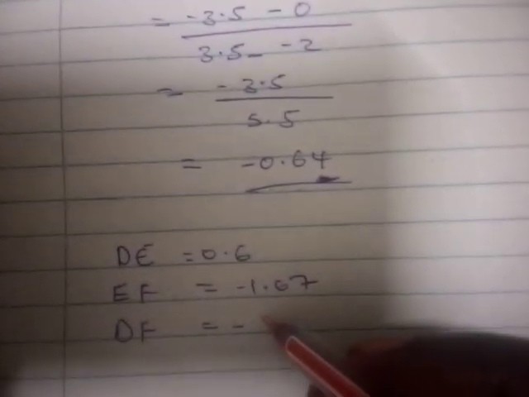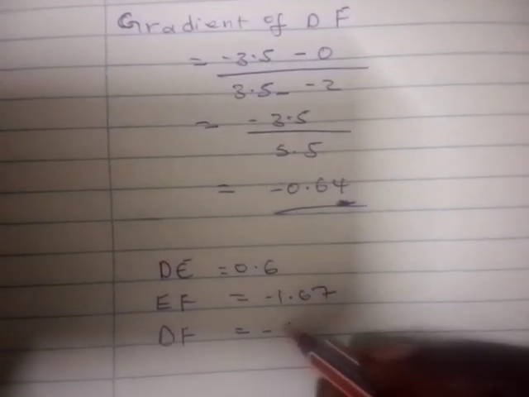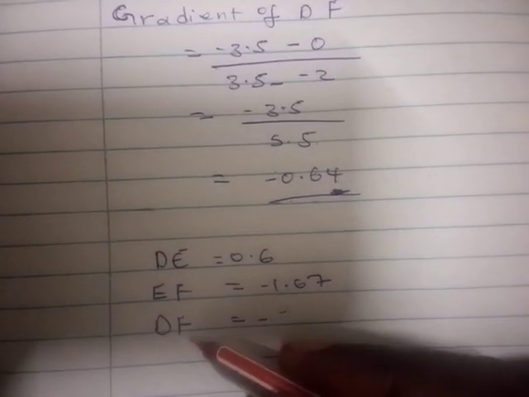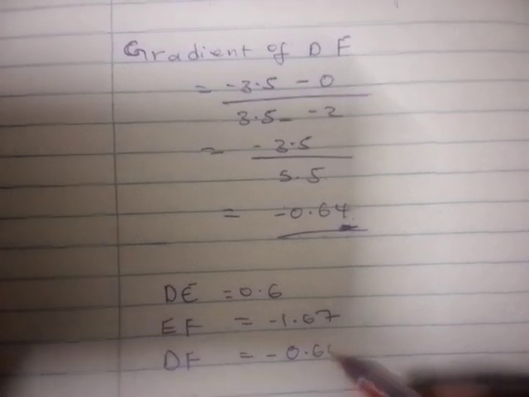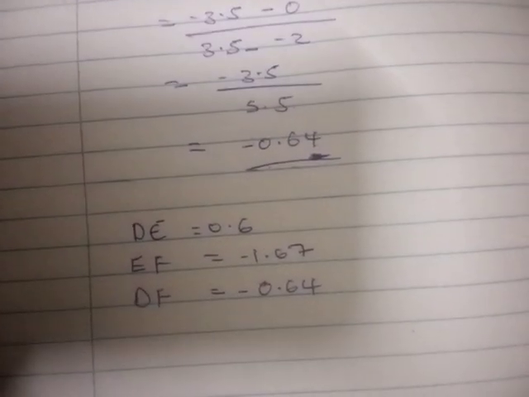Then the gradient of DF, it was giving us negative... I'm losing the focus, oh my god. So the gradient of DF is negative 0.64. Yes, so there we are.